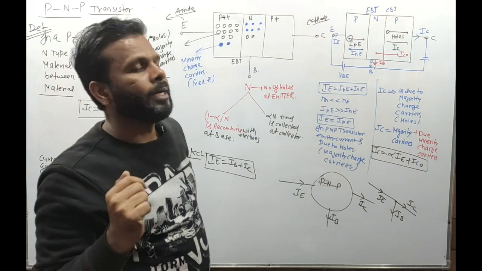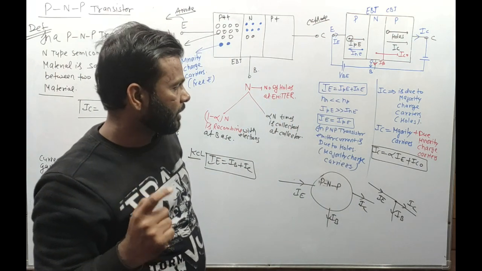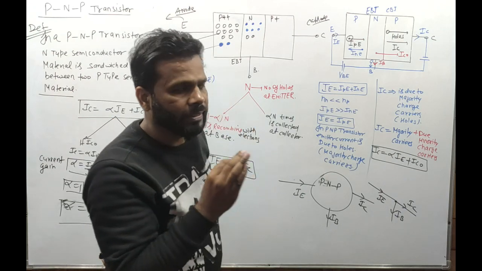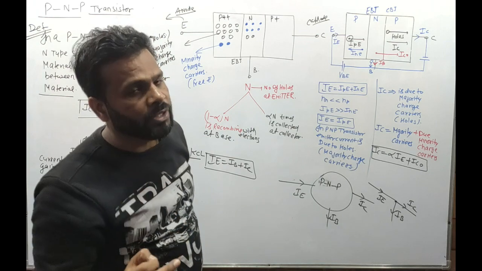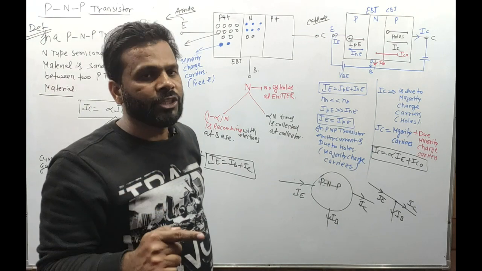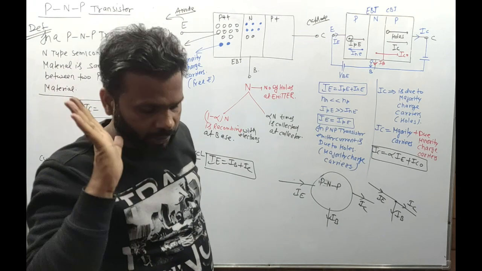But if you choose the NPN transistor, then the emitter, base and collector currents are also due to the diffusion process and due to majority charge carriers, but the majority charge carriers are the electrons.